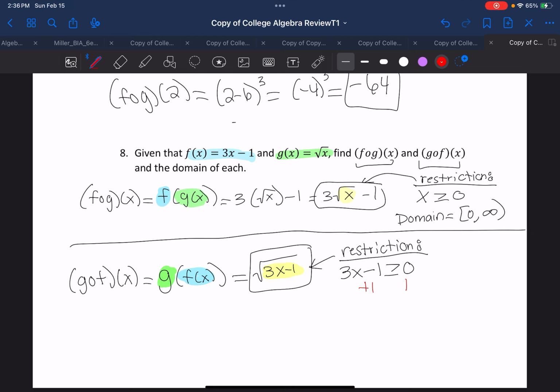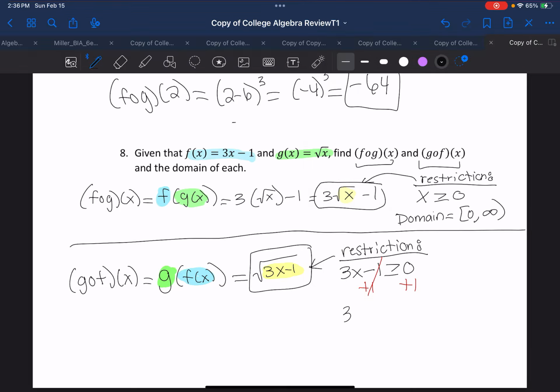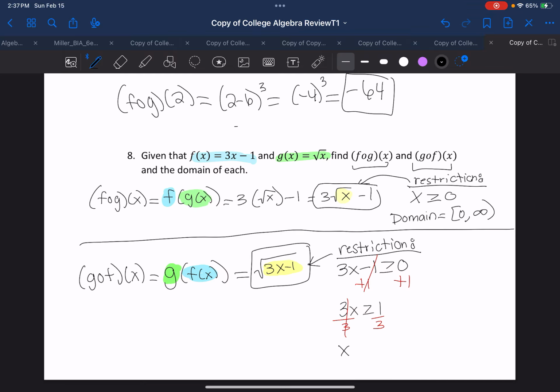So I would add 1 to both sides, and divide by 3. So x will be greater than or equal to 1/3. And in interval notation, this would be starting at 1/3 with a bracket to positive infinity.